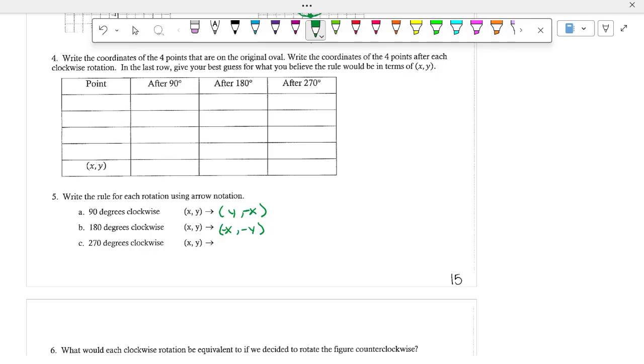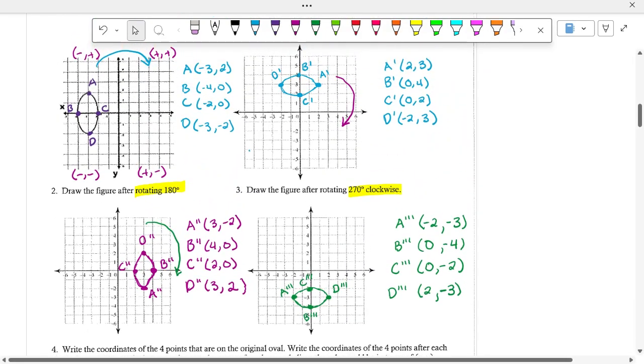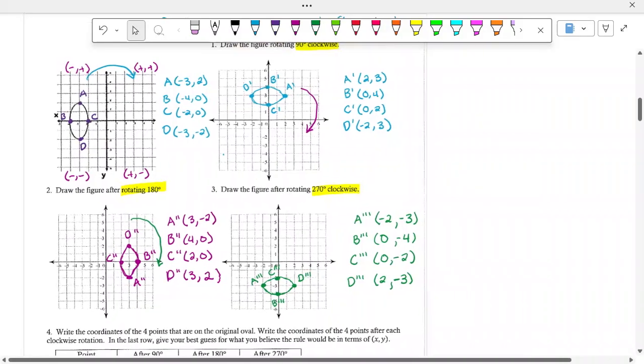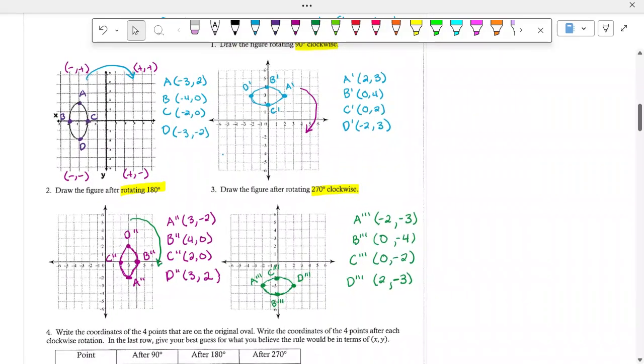And then finally, 270. So look at the original versus 270. All right. What happened to the signs? Or what happened to the points?